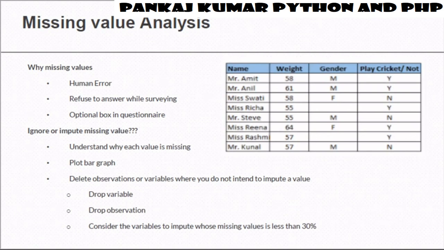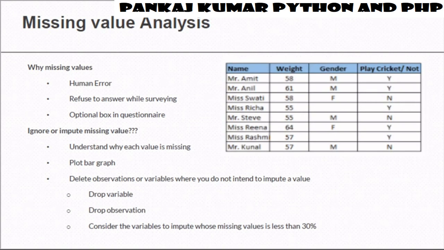The cell is empty. This is called a missing value. There are multiple reasons why missing values get generated in databases. It is a very common occurrence, but we need a proper strategy for treating them.